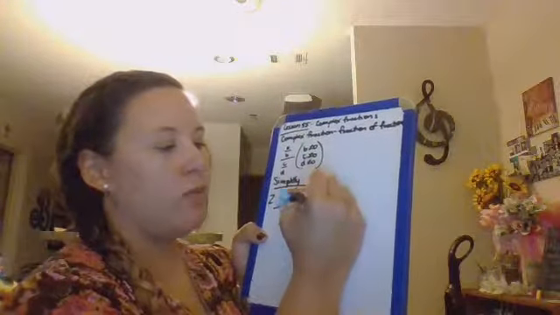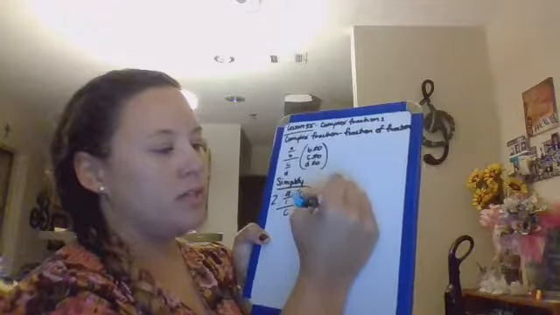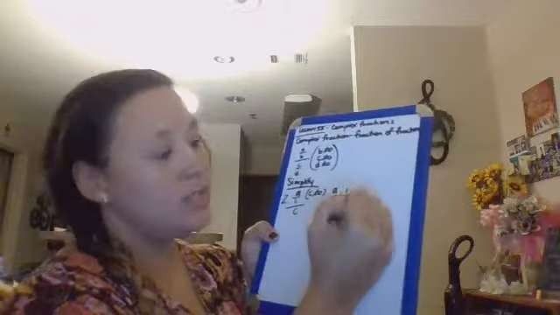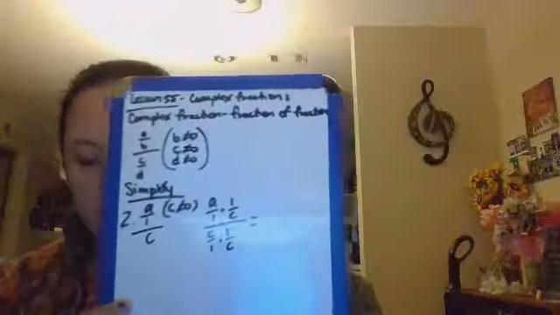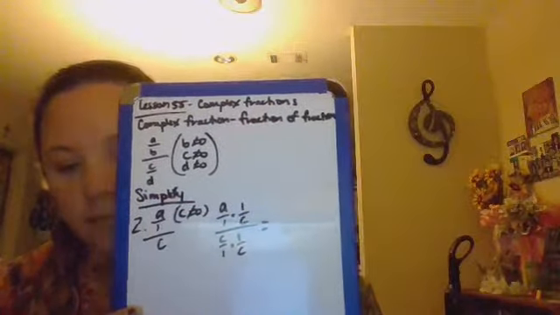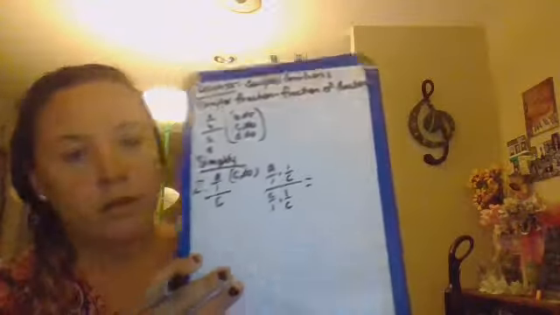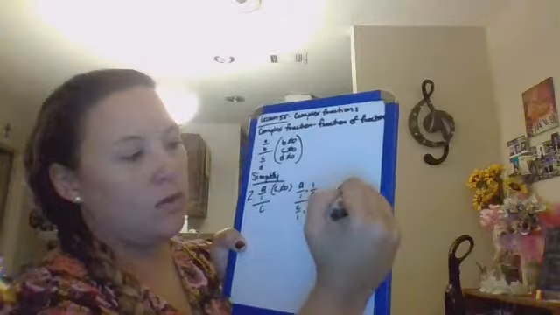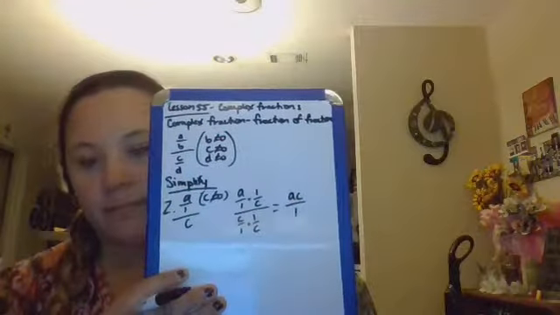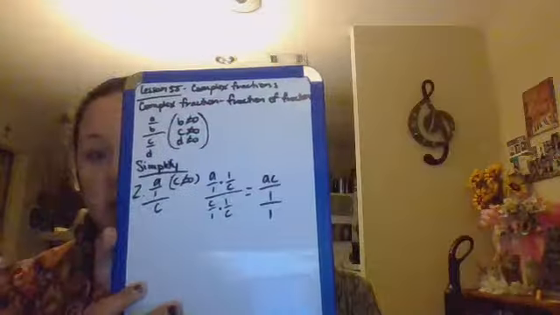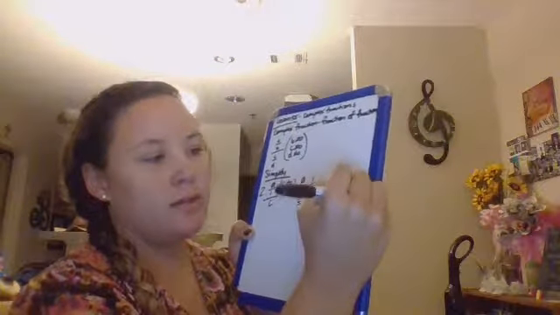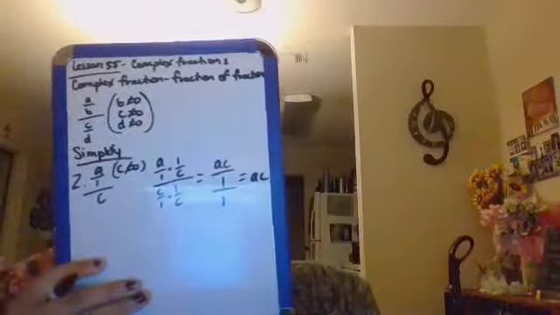We'll have A over 1 times 1 over C, over C over 1 times 1 over C. And so this is going to give us AC over 1, sorry, forgot the denominator, which is essentially just AC.